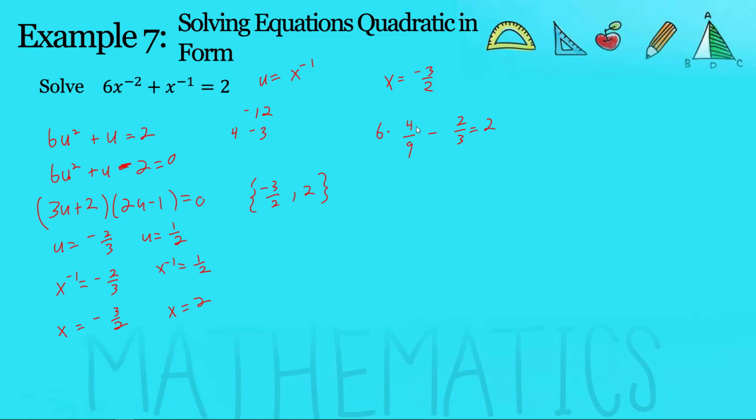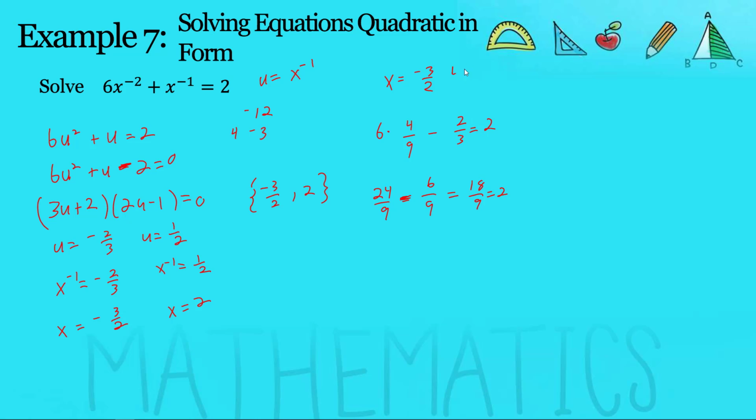Okay, well, this will be 24/9. 6 times 4 is 24, so we have 24 divided by 9. I can multiply the 2/3 by 3 over 3, and that will give me 6 over 9. And that will be equal to 18 over 9, which is equal to 2.